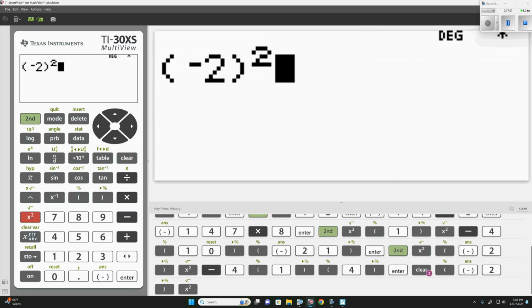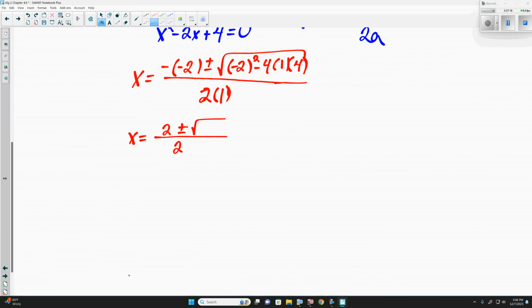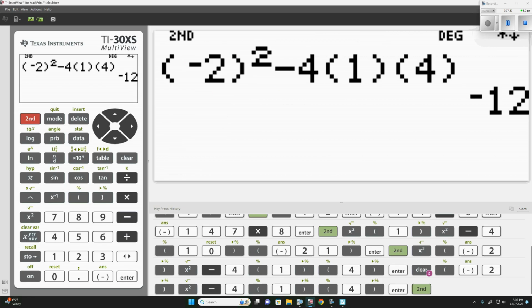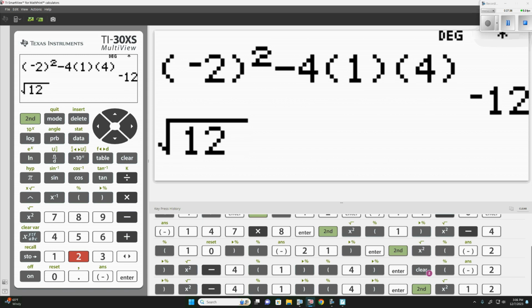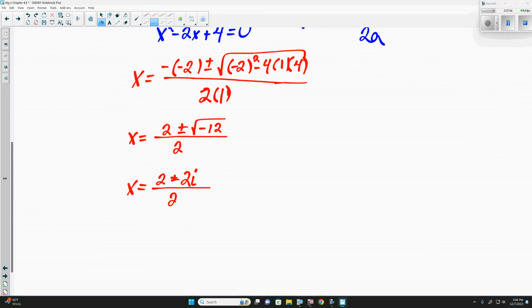So let's see what the actual value of this is, and it is -12. So we can see why the calculator threw it out, because it does not like negatives inside the radical. But we can take that negative out as i, which takes it from -12 to 12, and the square root of 12 is 2 square root of 3, which means the square root of -12 is 2i square root of 3.